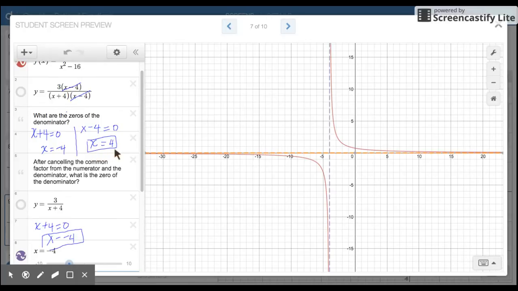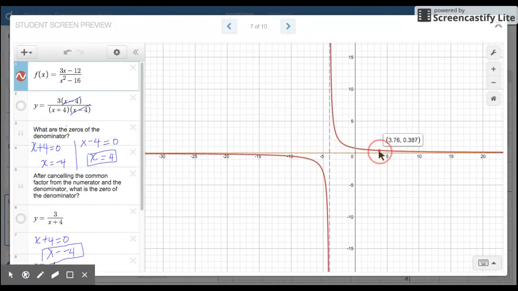That's x equals 4. So let's take a look at what is at x equals 4, which is right here. Oh, right here we see a hole, an open dot, a missing point. So at x equals 4, there is a hole in the graph. And 4 is the value of x that makes the factor that we canceled equal to 0.